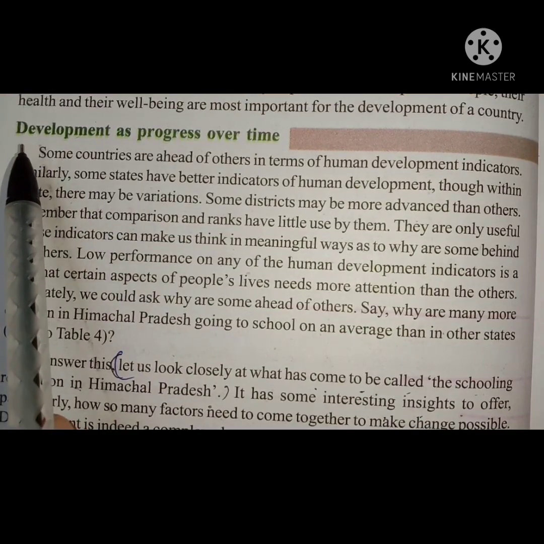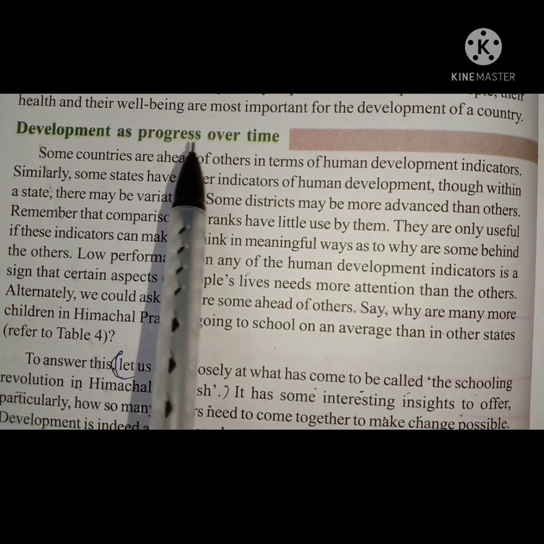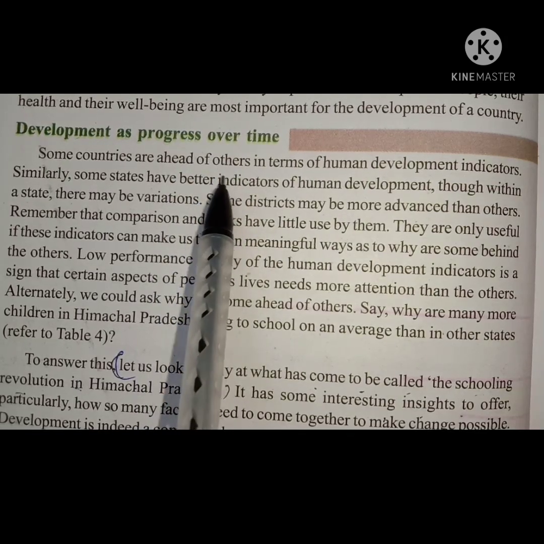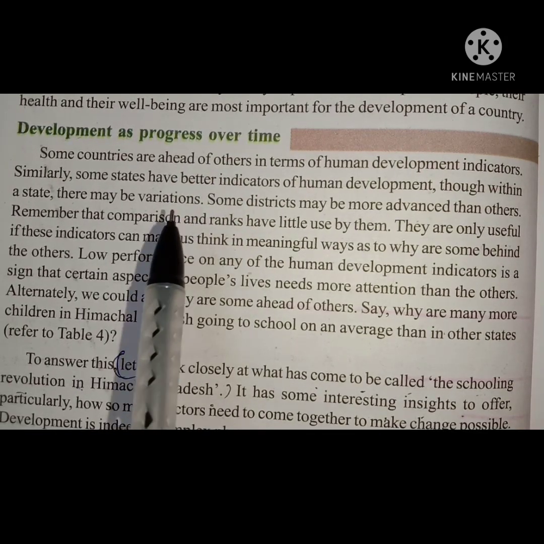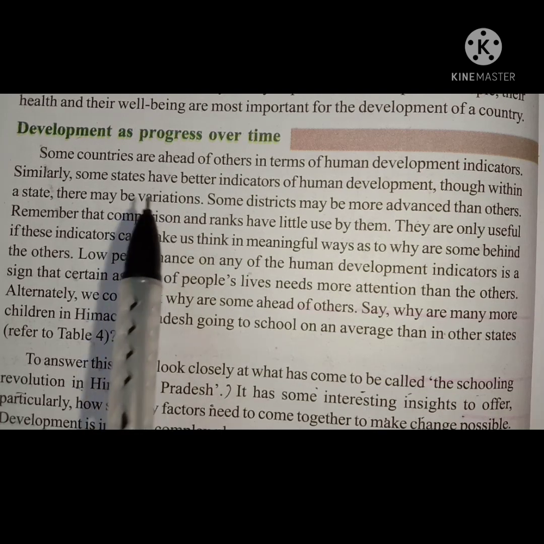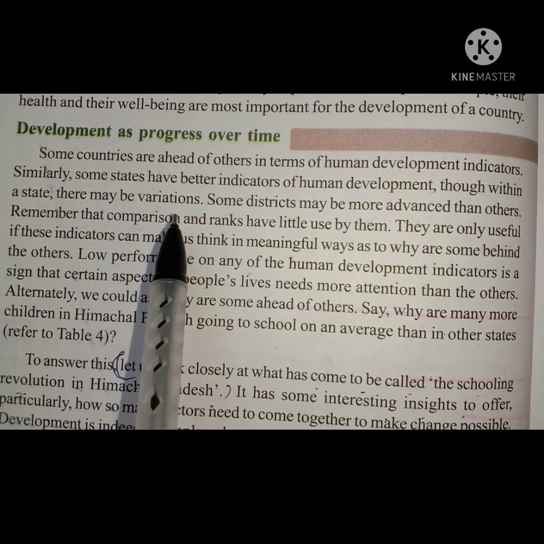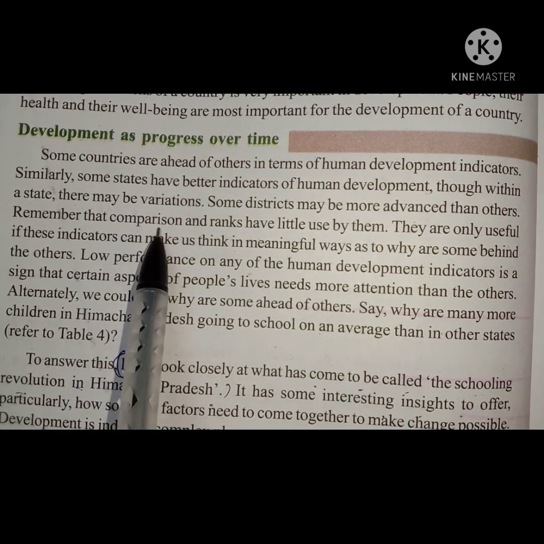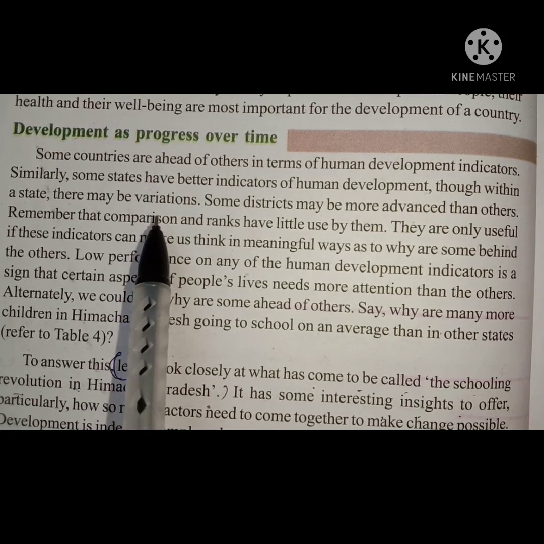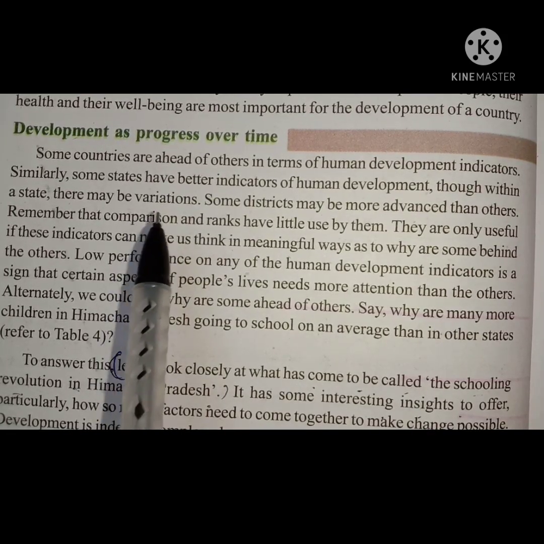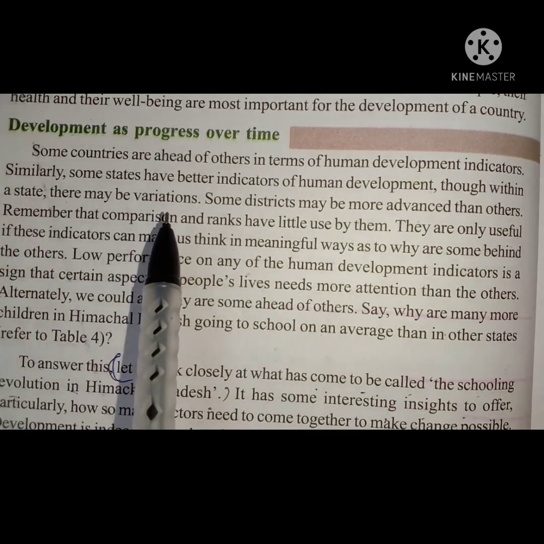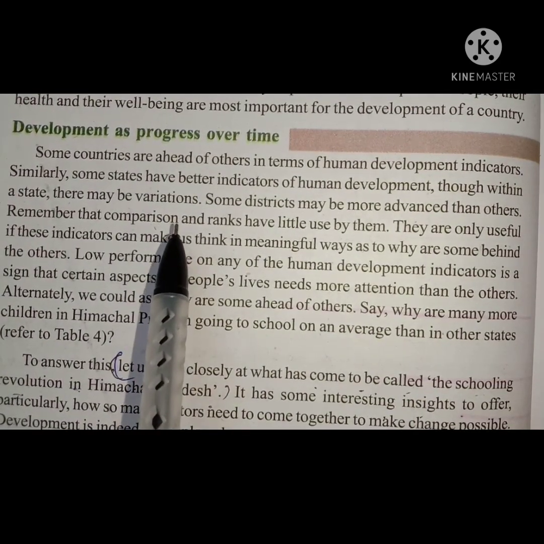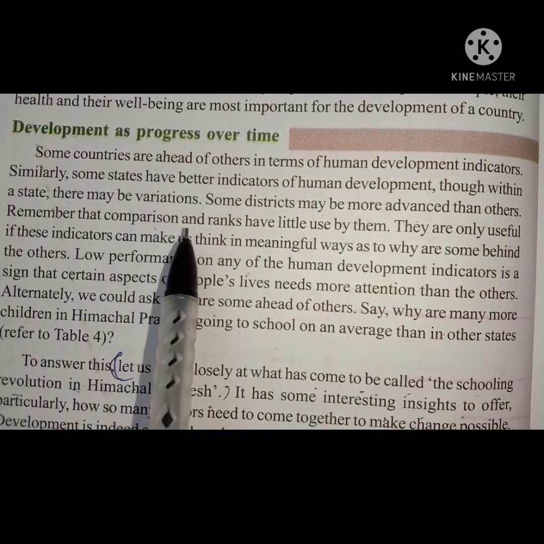Next, development as progress over time. In this topic, a 4 mark important question: write about the schooling revolution in Himachal Pradesh. At the time of independence, Himachal Pradesh had low levels of education. Being a hilly area, spread of education was a big challenge.